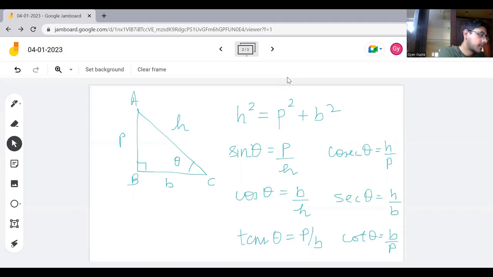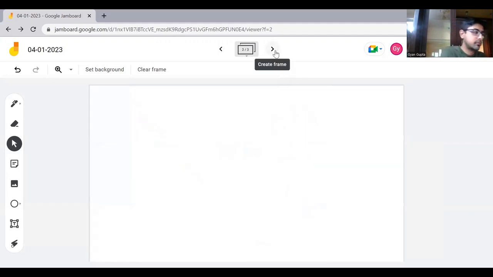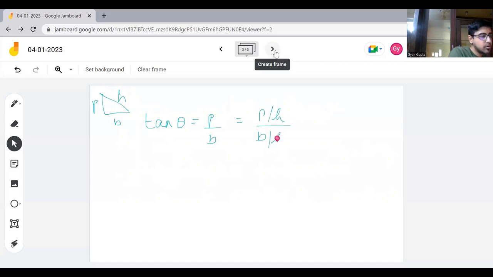What I do is, I call these 2 trigonometric ratios, sine and cos, the basic trigonometric ratios. All the other trigonometric ratios can be expressed in the form of sine theta and cos theta. We know tan theta is equal to p by b, which is equal to p by h divided by b by h, which is equal to sine theta by cos theta.